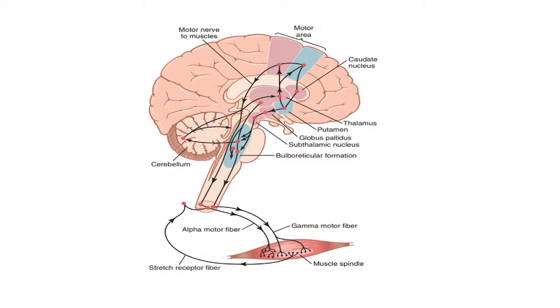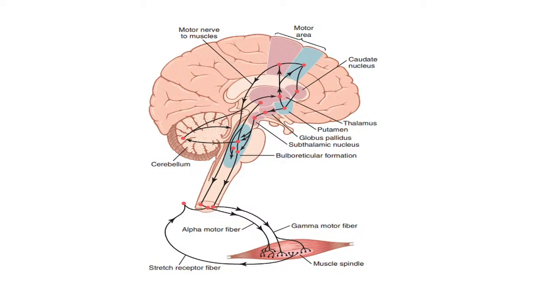It is concerned with coordination as well as balance, maintenance of tone and posture, as well as maintenance of erect upright posture. This is the cerebellum, this is the cerebrum, and then at the lower level lies the spinal cord. So, this is simply the hierarchical organization of the motor system.